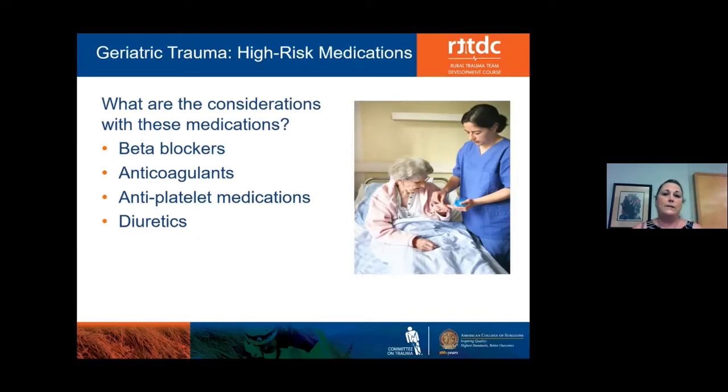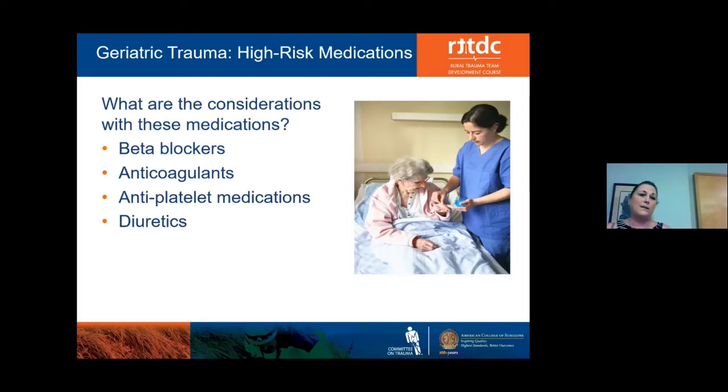When we look at the high-risk medications, and it's something that we have to do a little bit better at, we have to consider the medications that they're on prior to coming into the hospital. When we're looking at beta blockers, that is used a lot for blood pressure control or for atrial fibrillation, it's going to block or blunt the patient's own response to shock that is ongoing in their body.